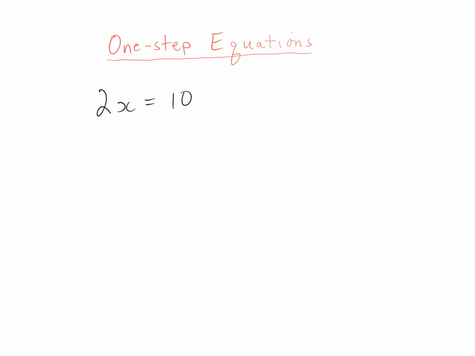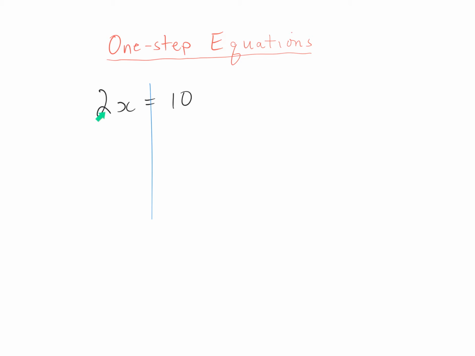We know that an equation means that there is balance between the left-hand side and the right-hand side, okay? Now, basically what we do is we look, where's the variable? It's right here, and I'm multiplying it by 2, okay? Again, we know the answer is 5. 2 times 5 is 10, so we know where our destination is, but here's how we get there.